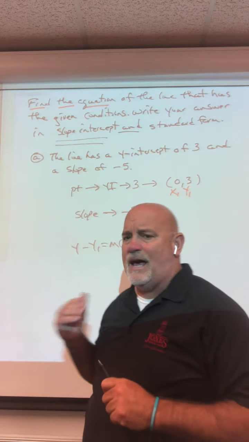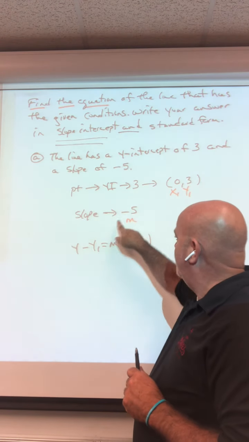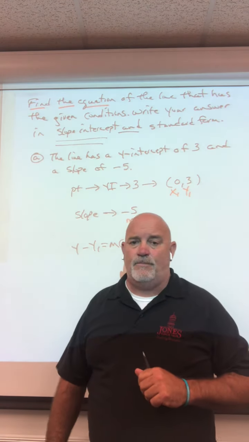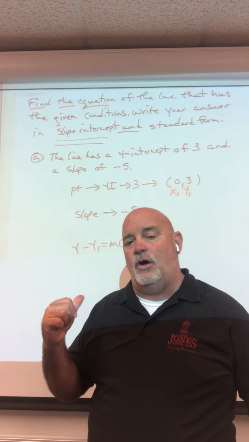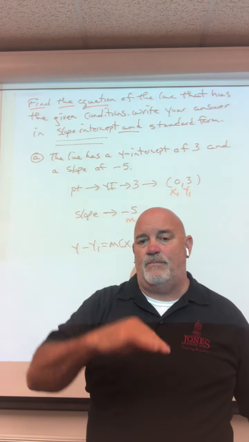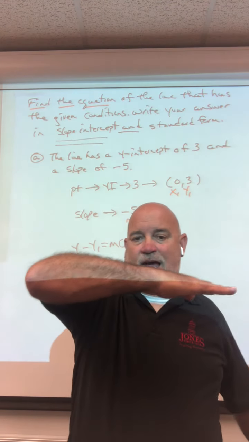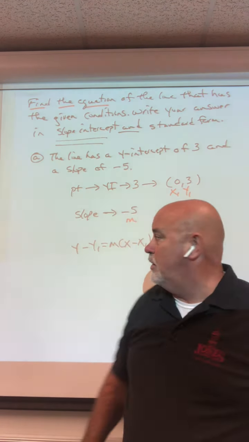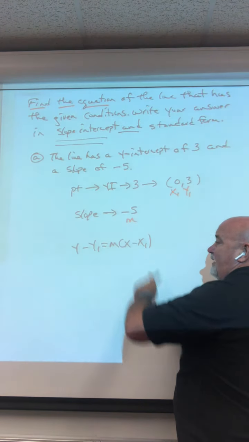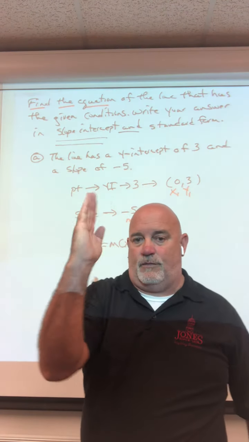You say, wait a minute, how do we know this line is slanted? Because the slope's -5. The only way the line won't be slanted is if the line's either horizontal or vertical. So if you have a -5 slope, it can't be horizontal or vertical.